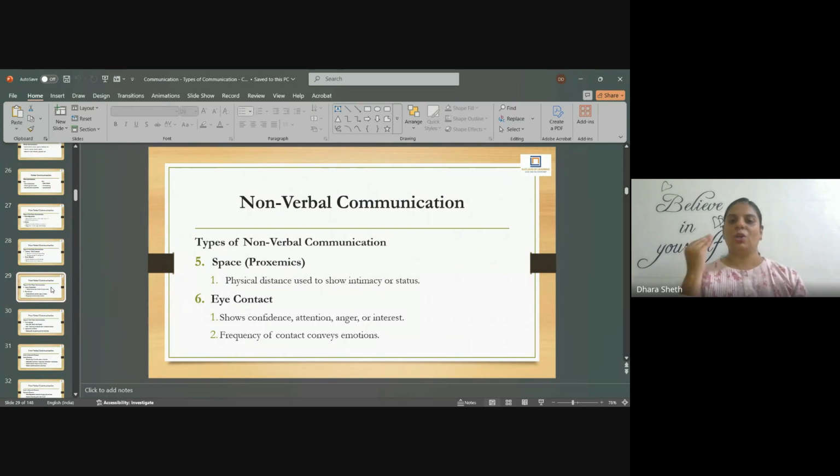Eye contact: looking into the eyes of the other person, but don't stare at them in a way that makes them uncomfortable. Every 20 seconds, move your eyes here and there and then come back. Also, consider cultural factors of gender and position while making eye contact. Be confident in your eye contact.